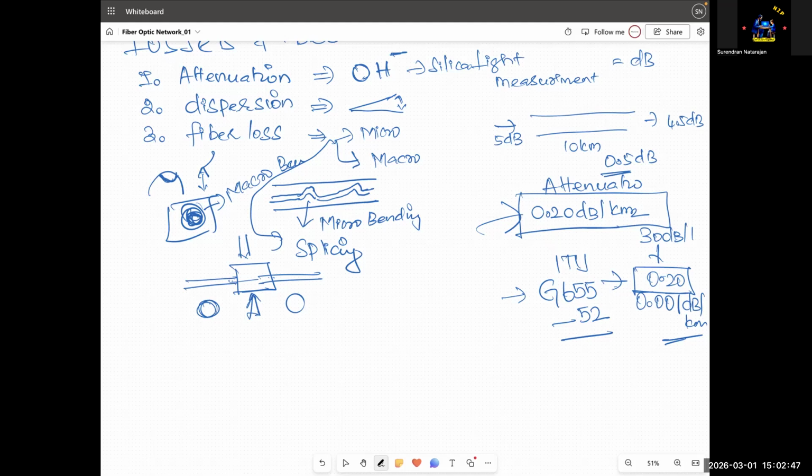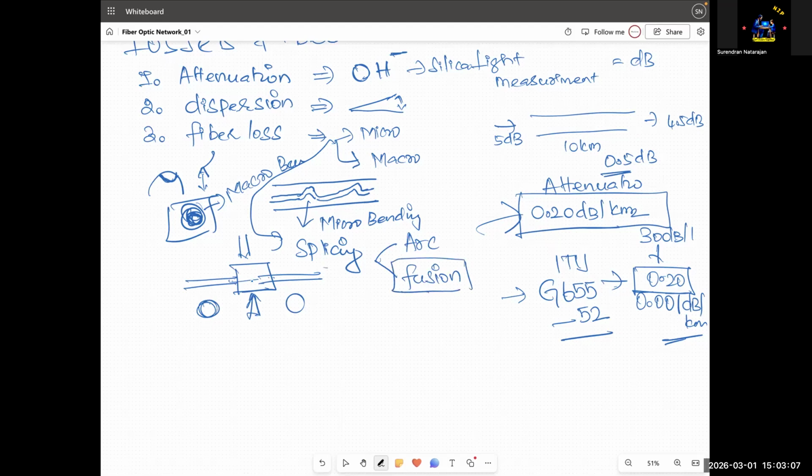Here we have the luxury, since it is glass, we can melt it and join it together. Simple logic. This is called splicing. Fusion splicing is the most common type.